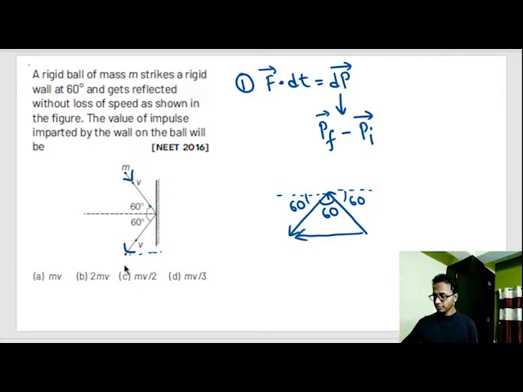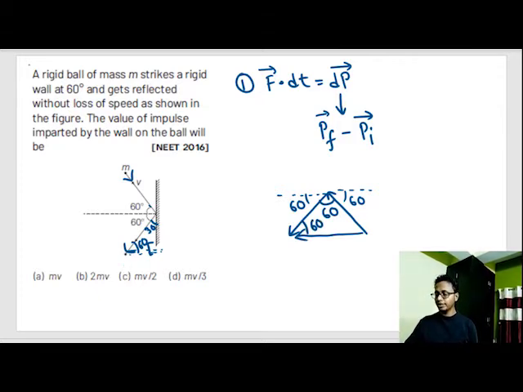How? This is nothing but 30 degrees. If we draw a straight line from here, this will make 90 degrees, and the sum of angles of a triangle is 180 degrees. So 30, 90, and the remaining is 60. So this vector will also be 60 degrees.